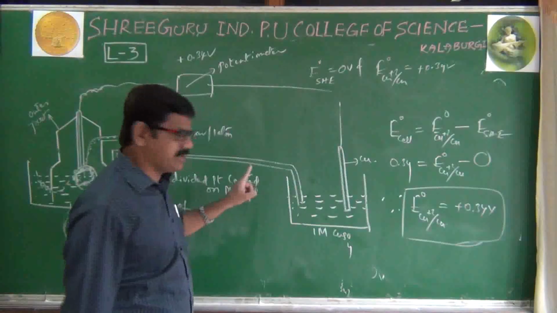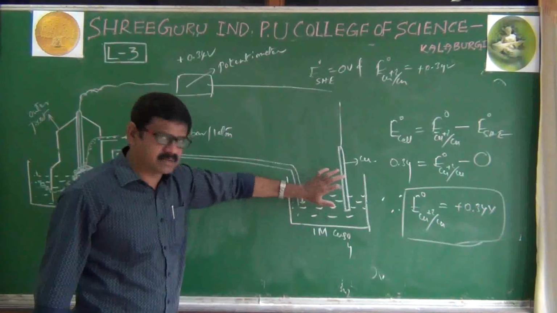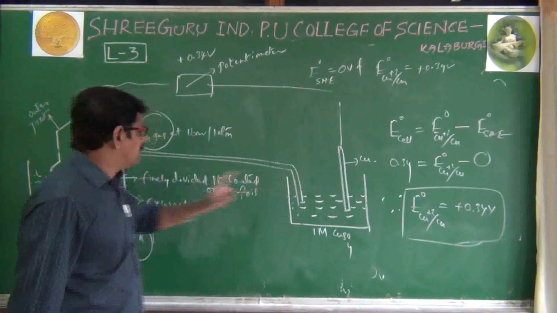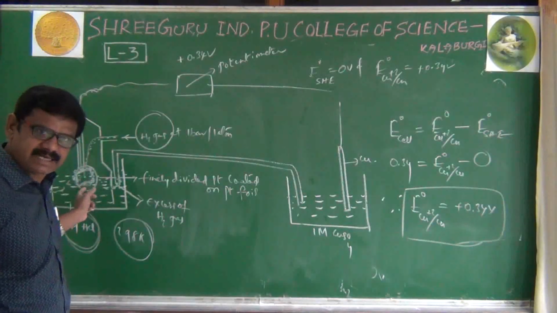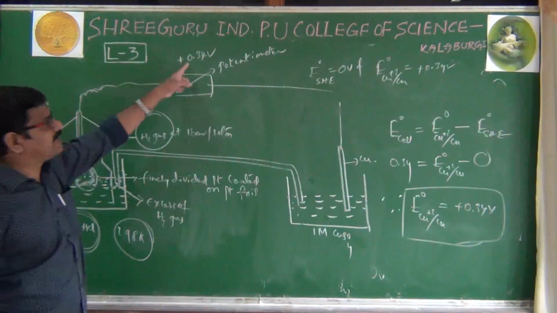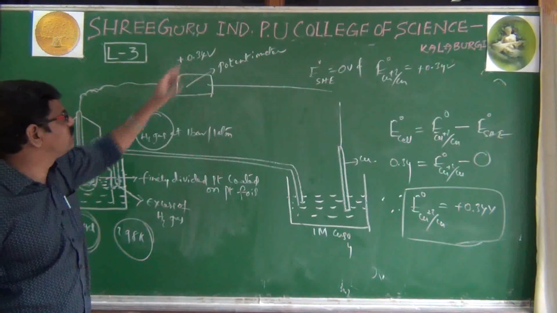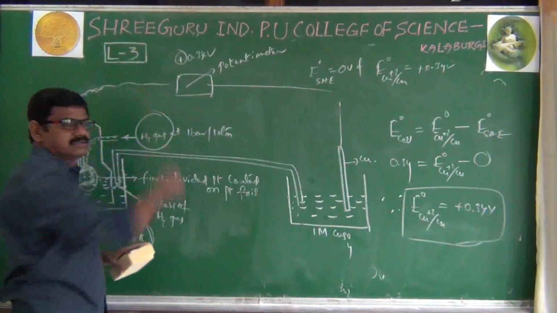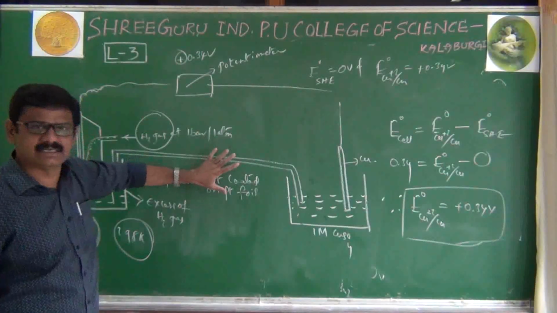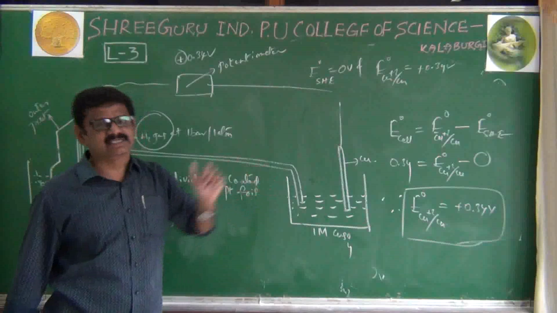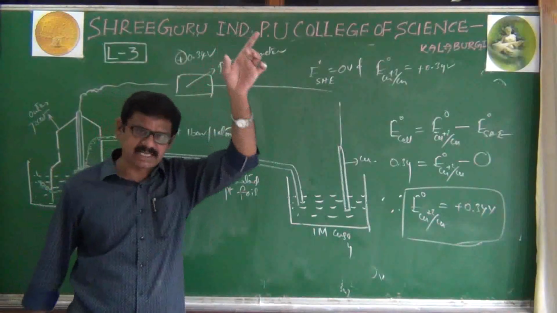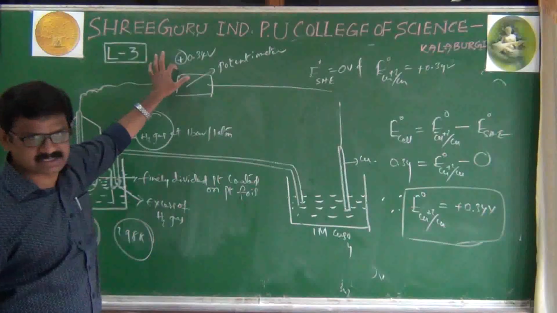Here the same phenomenon is taking place. The higher SRP electrode we have taken at the right side, acting as cathode, and the lower SRP electrode we have kept at the left side, as anode. That's why the E naught value we are getting is positive. A positive E naught value means this is a spontaneous process. In the previous case it was negative, that was a non-spontaneous process, but this is a spontaneous process.